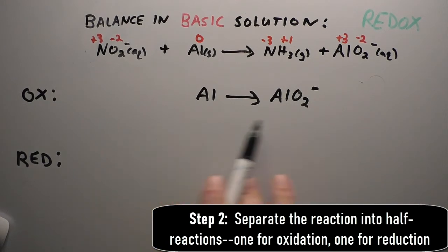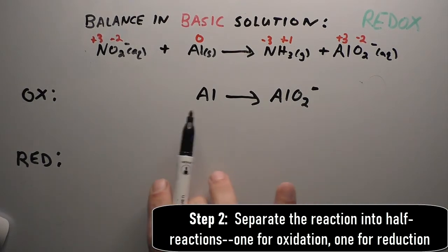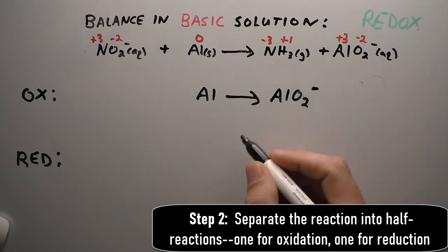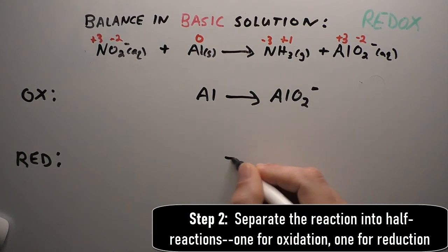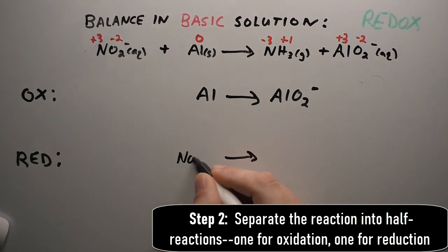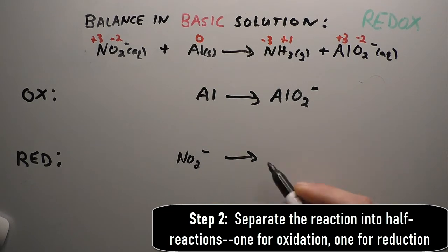So given that our oxidation half reaction is the one with aluminum and aluminate ion, the reduction half reaction is going to be the other one with the nitrite and the ammonia. So let's go ahead and fill that in. We have NO2 minus, and then over here we have NH3. Okay, so now we've successfully separated this reaction into 2 half reactions, one for oxidation, the other for reduction.